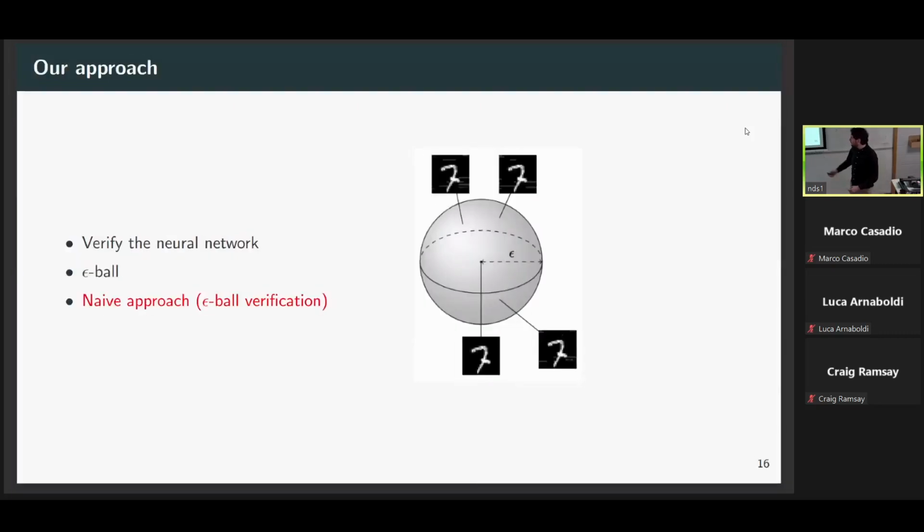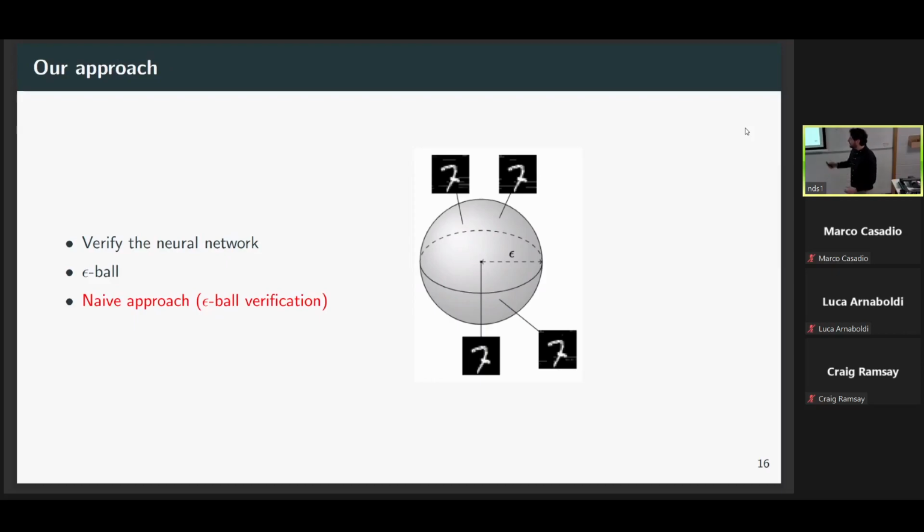In this case, it's called epsilon model verification. You ask the verifier, I give you this input, this epsilon model around it. Can you guarantee that in this subspace, I will only have the class number 7?